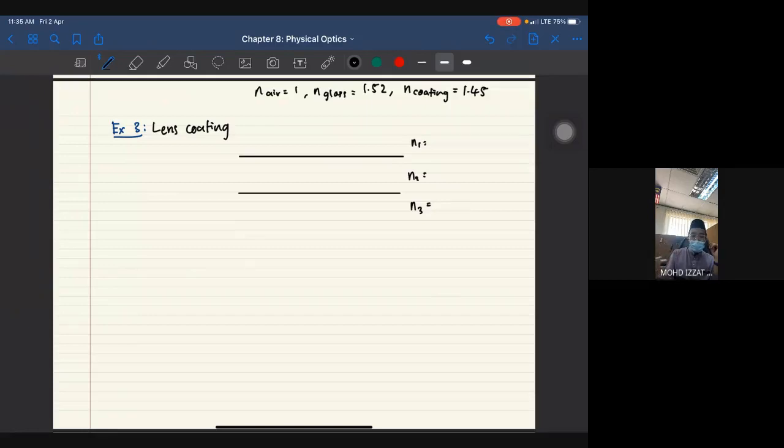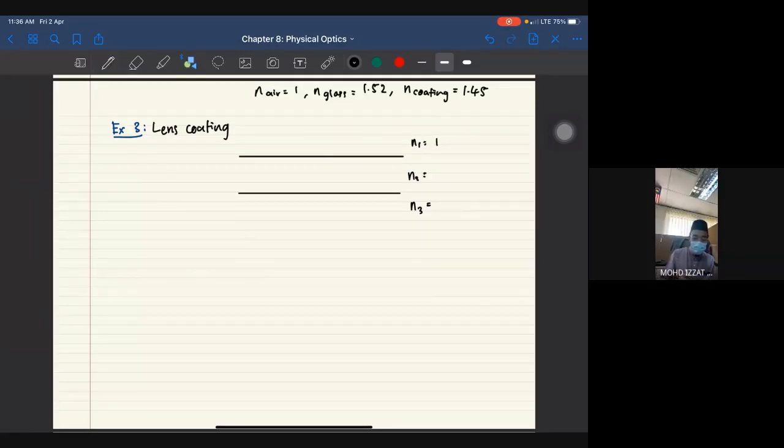Which one is my N1, which one is my N2, and which one is my N3? N1 is air, so 1. N2 is glass. Actually it's like this. Coating. Yes, N2 is coating.